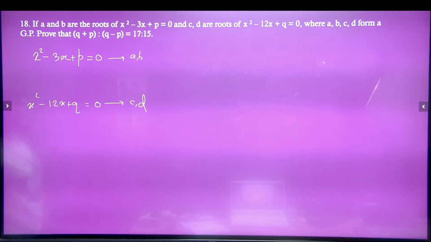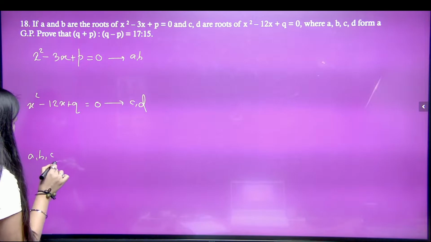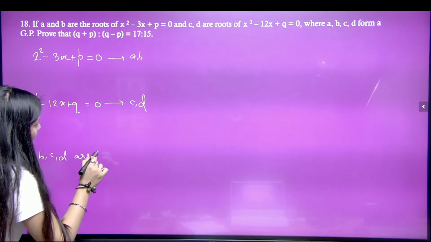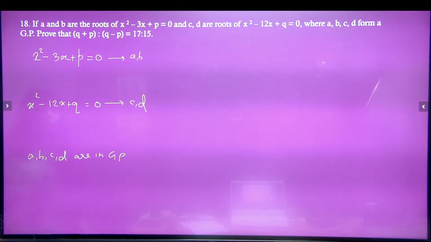Where a, b, c, d form a GP. It also says that a, b, c, d are in GP. That's all. So we have these three things, and the question says that you have to prove that (q plus p) to (q minus p) is equal to 17 by 15.